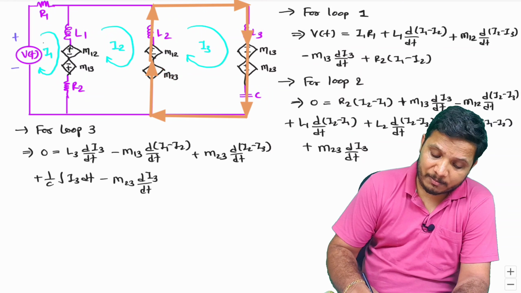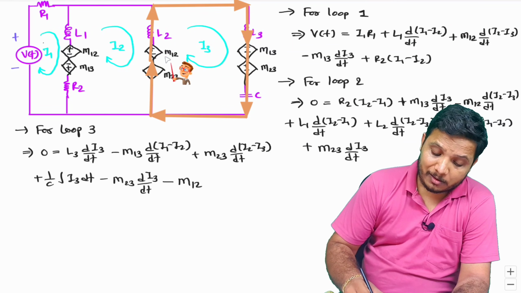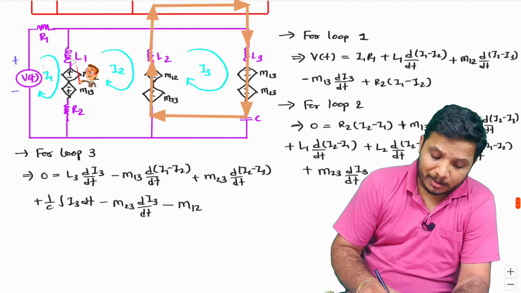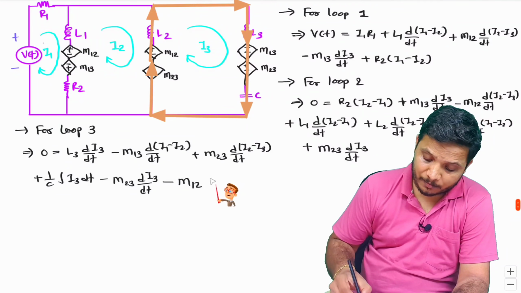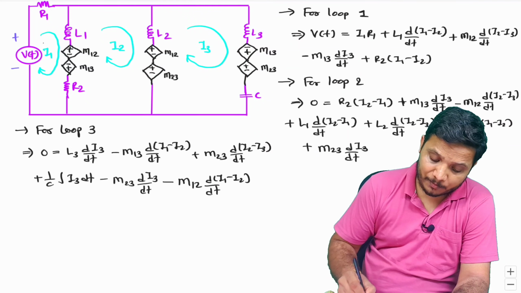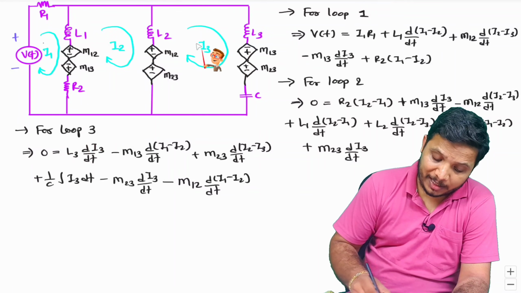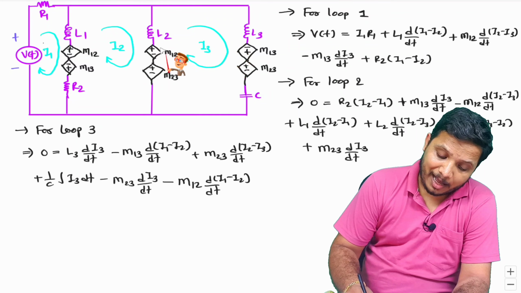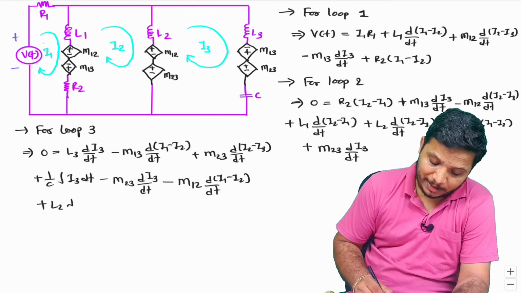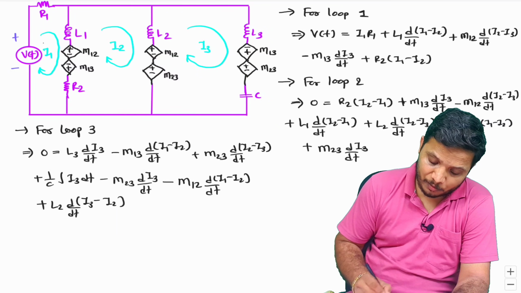Then M12 comes with minus polarity, so minus M12, and M12 happens in between 2 and 1, so current through 1, that is I1 minus I2, so d by dt of I1 minus I2. Then L2 comes, and current due to loop 3, that is I3 minus I2 through L2, so plus L2 into d by dt of I3 minus I2.